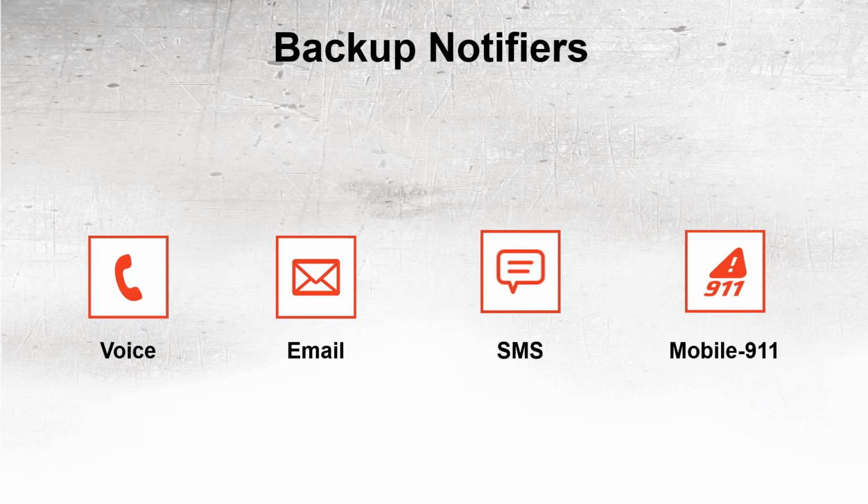Another thing to consider is that if you're using internet-based notifiers, meaning you're using email, which has to go out over the internet, or you're using Mobile 911, which has to go out over the internet, then maybe you want to look into the SMS notifier, because SMS has a dedicated cellular modem that you plug into your computer, or you can access it over your local network. But the modem itself is not tied to your local internet connection.